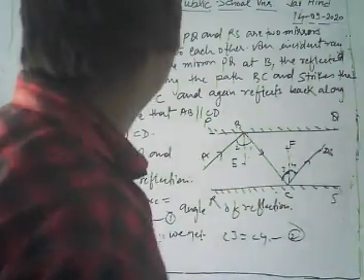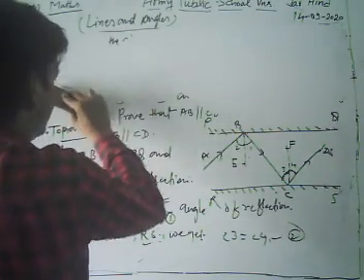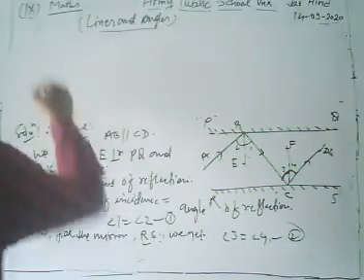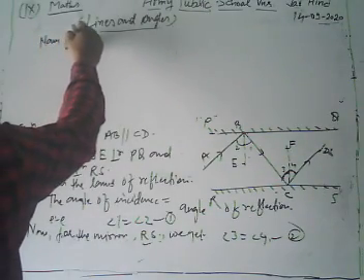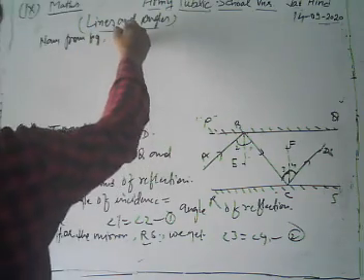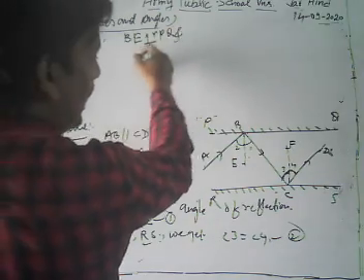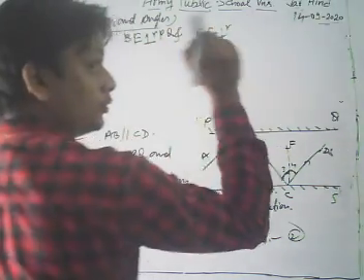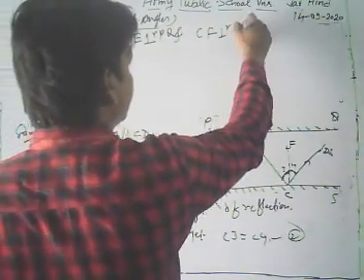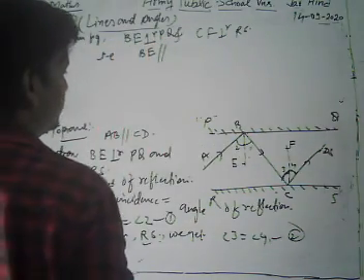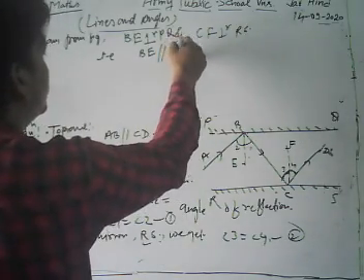Now look, from the figure, BE is perpendicular to PQ and CF is perpendicular to RS, so BE is parallel to CF.